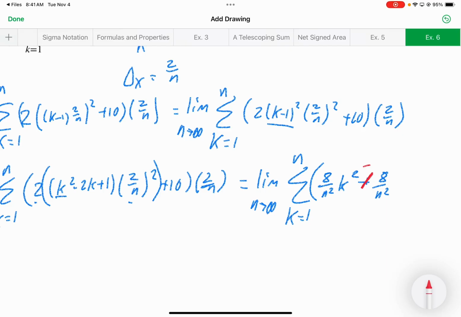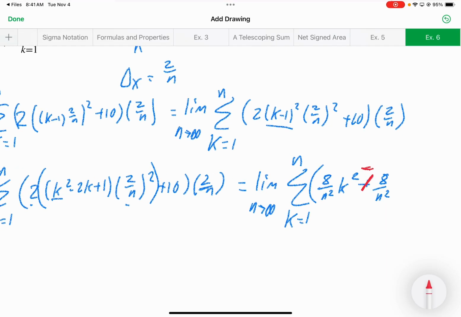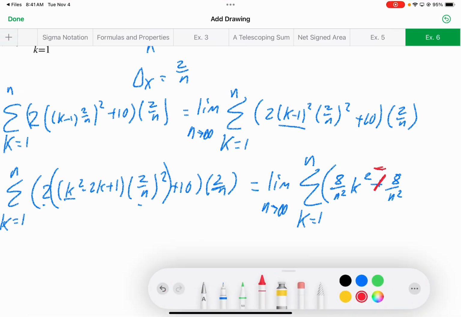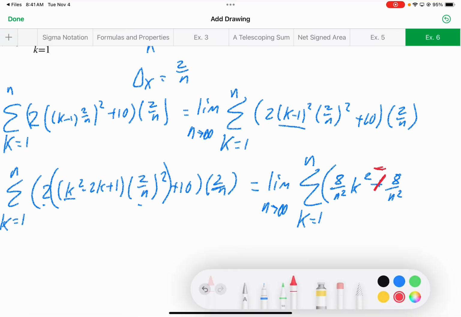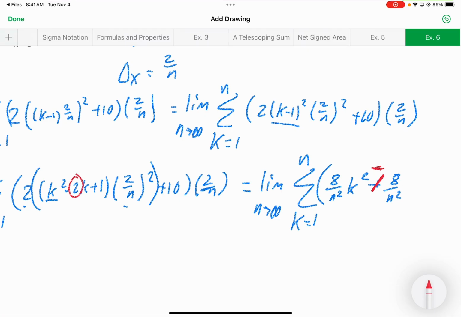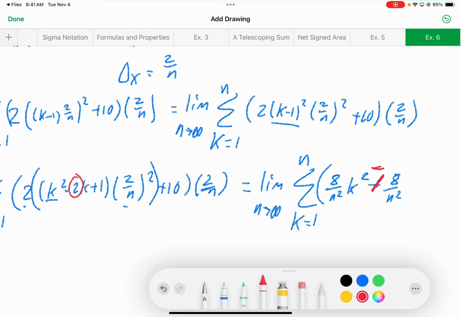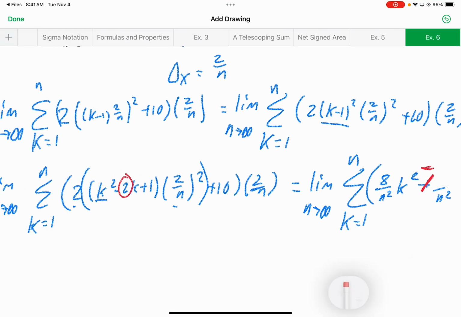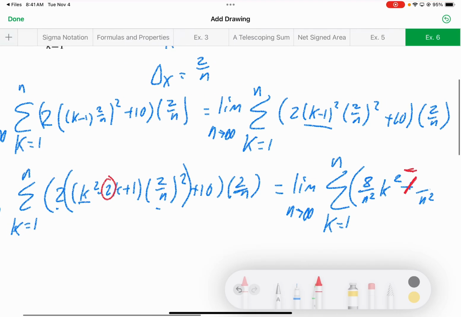That's minus, sorry, not plus. And there's also a 2 times k there, so let me change that 8 to a 16, because I forgot about this 2. So that's 16 times k.